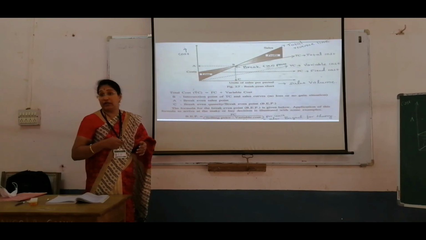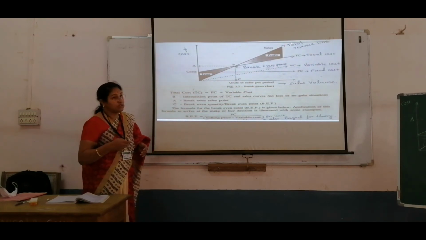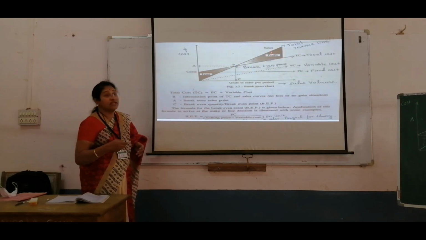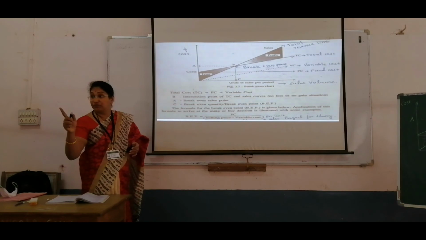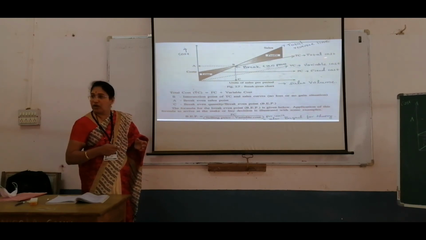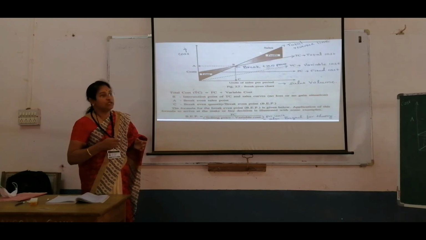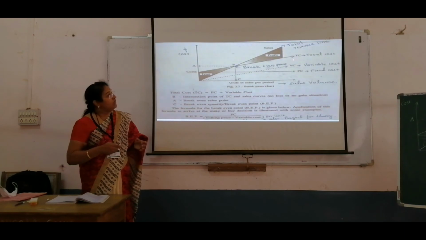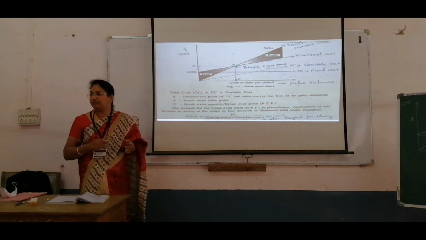Total revenue calculate ಮಾಡ್ತಾರೆ. Total revenue line is this. Total cost line is this. Now you concentrate only on these two lines. Total revenue line, then total cost line.